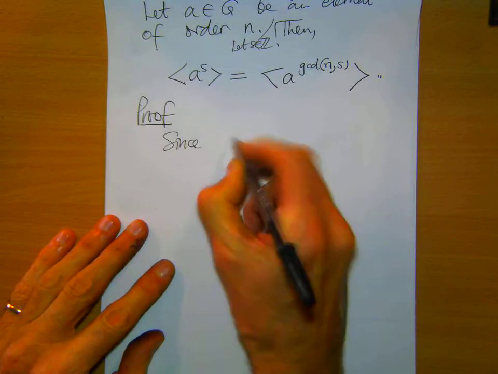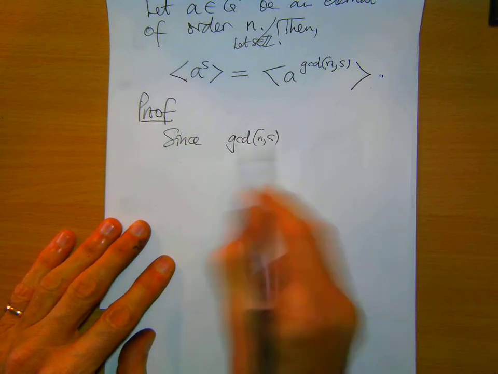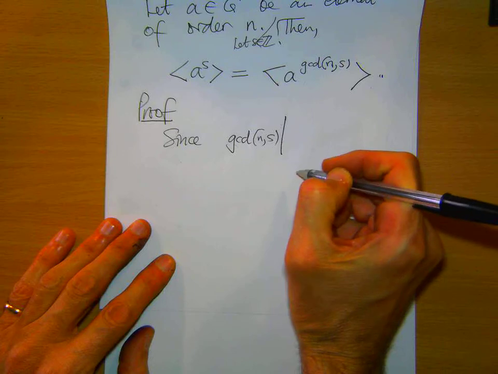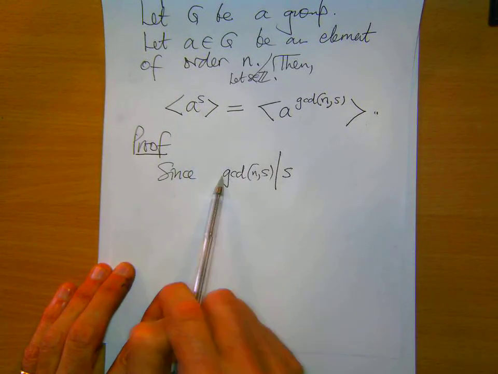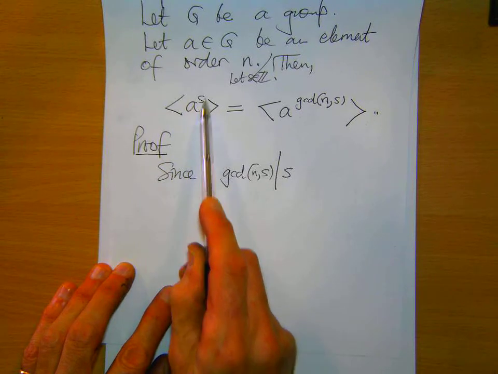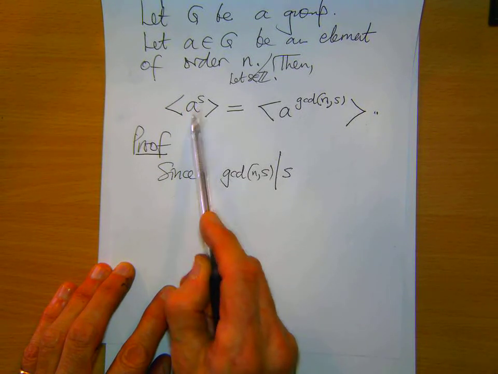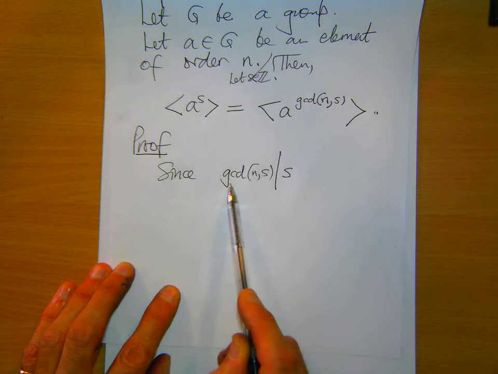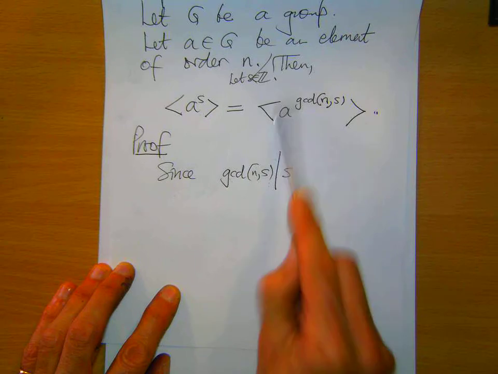Since the greatest common divisor of n and s is certainly a divisor of s, s is some multiple of the greatest common divisor, so every power of a to the s is also a power of a to the greatest common divisor. So this left-hand set is a subset of this one.